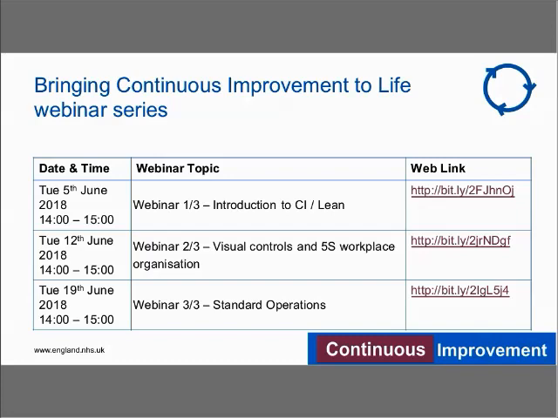The 15th of June, we're going to be then looking at the controls and the 5S workplace organisation. And then webinar 3 will look at standard operations. And those dates and all of those links will be put into chat by Claire any moment.